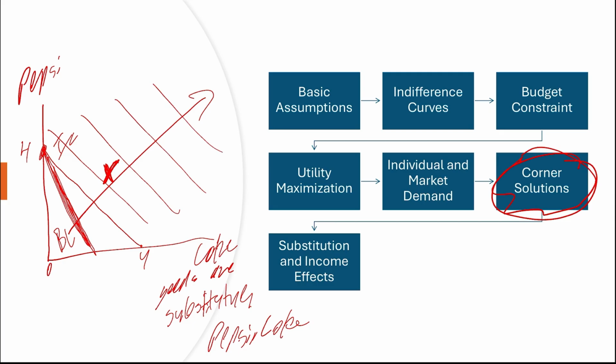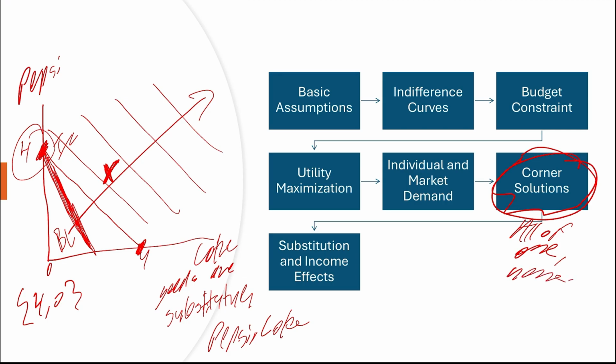We're indifferent between 4 Pepsi and 4 Coke, but based on our budget line, it looks like Pepsi is cheaper, so we can afford 4 Pepsi, which means we just buy 4 Pepsi and 0 Coke. We call this a corner solution because we're over in the corner here. We're buying all of one and none of the other. So we're just spending all of our income on one of the goods, and we're not buying the other good.